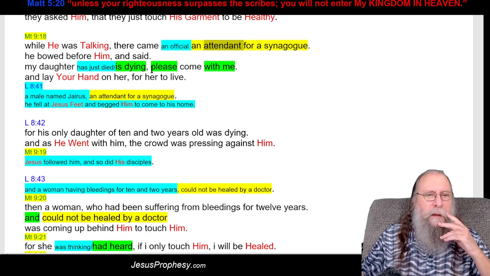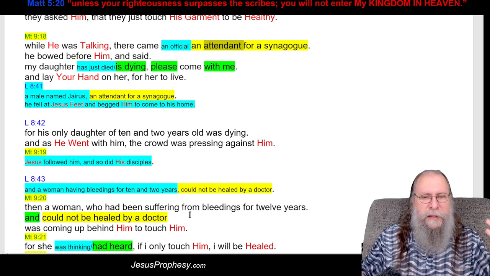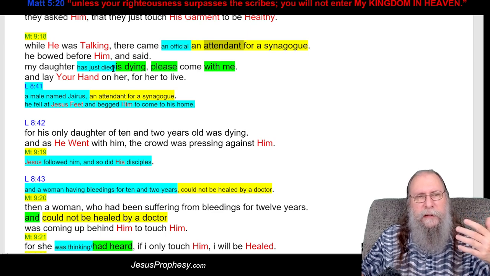And I think I've added these words here because of the way the story is being said down here, because she is going to die and lay her hand on her for her to live. My daughter has just died doesn't fit the rest of the story here.